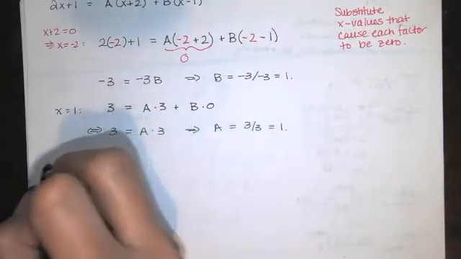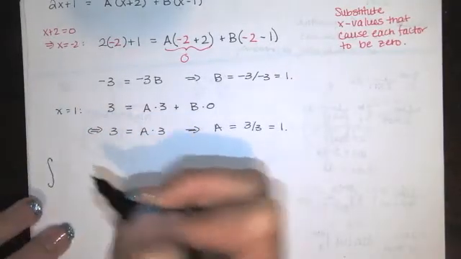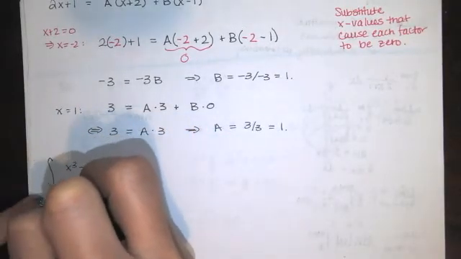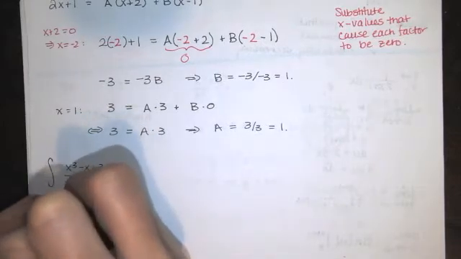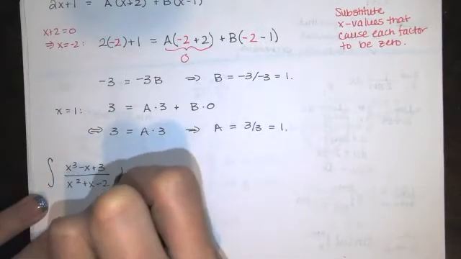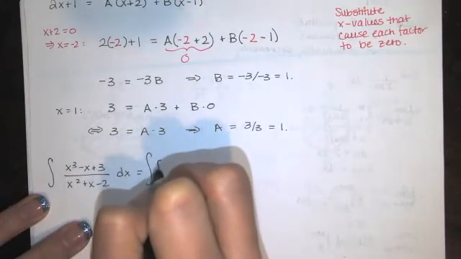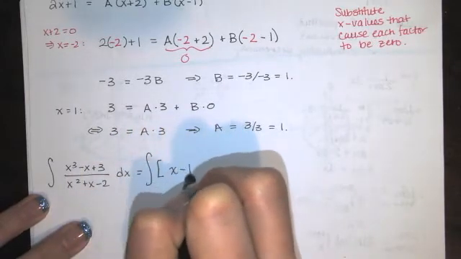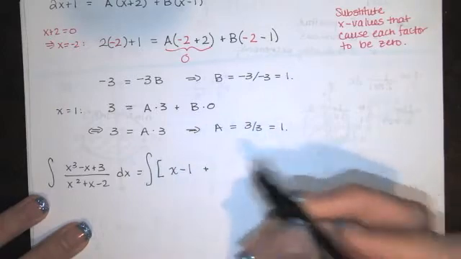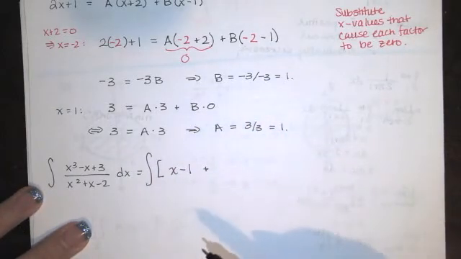Now we can substitute into this expression down here. We said before that that was equal to the quotient, which was x minus 1, plus the remainder over the divisor.